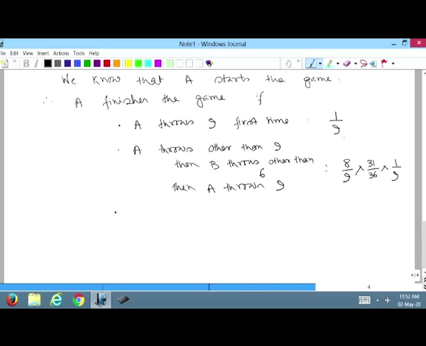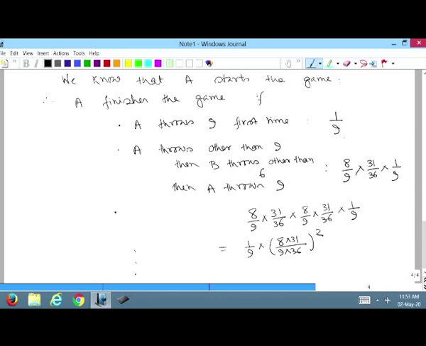A may finish the game in the 5th turn, and that probability you can easily calculate is going to be 8 by 9 into 31 upon 36, again 8 by 9 into 31 upon 36, and finally 1 by 9, which is equal to 1 by 9 into (8 into 31 upon 9 into 36) whole square.